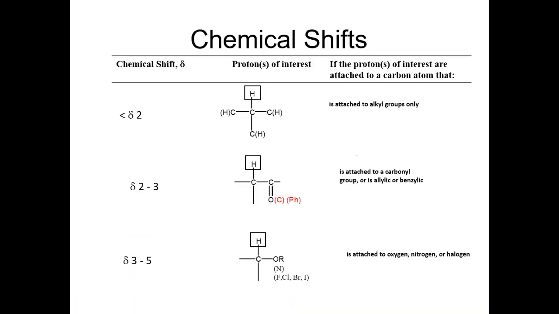And again, this chart, knowing the locations of certain types of protons and what functional groups move them downfield or upfield, also helps you to determine the structure. Because if you know that at 2, that's some type of allylic proton, then it can be adjacent to a carbonyl or adjacent to a double bond.